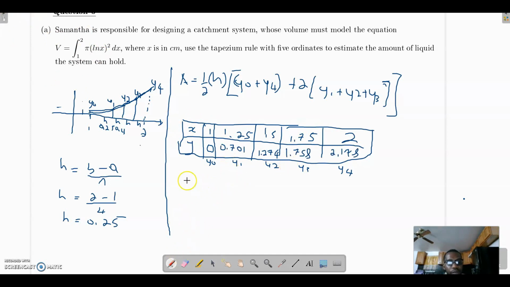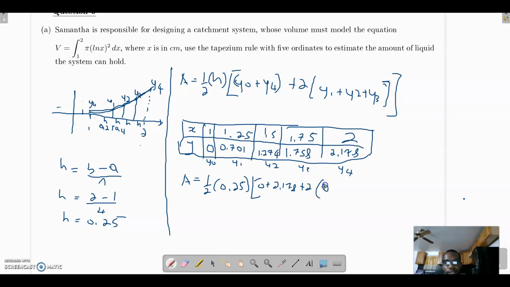Now we simply just need to go back to the formula and say area is equal to, this is going to give me a half. My h value is 0.25 into y0 plus y4. So y0 is 0, y4 is 2.178. So 0 plus 2.178 plus 2 times everything else.